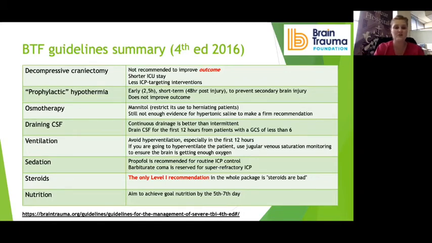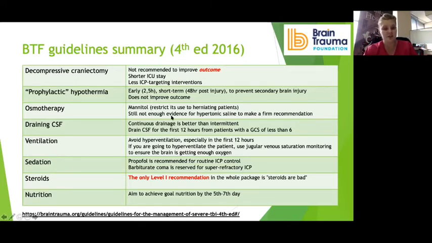The recommendation from the Brain Trauma Foundation guideline is that continuous drainage is better than intermittent. So just set it at a certain height, 20 centimeters or 18 centimeters, and continuously drain CSF when the pressures hit above that.